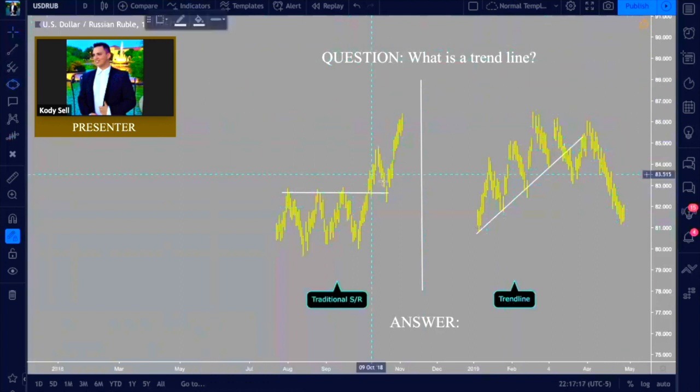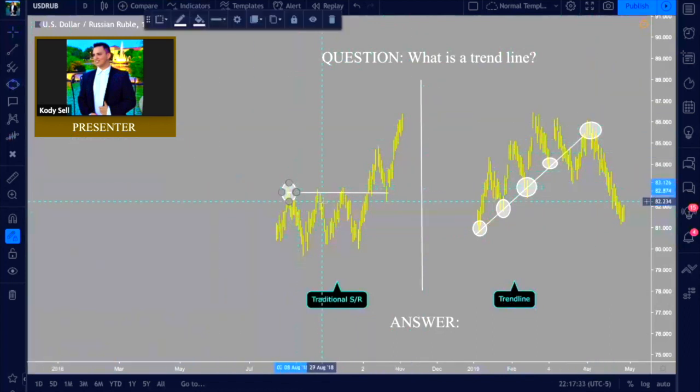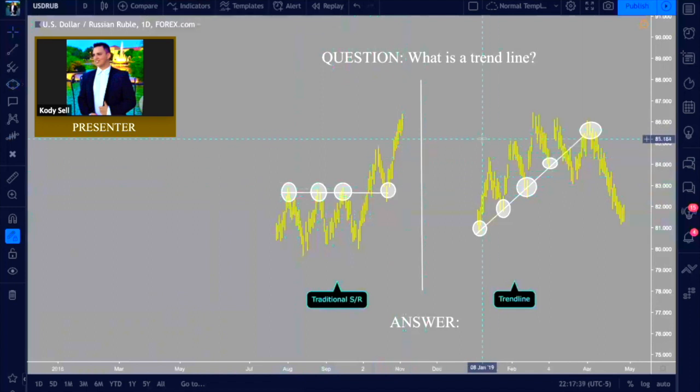As you can see, they act as support when price is above them, and then they act as resistance once they are broken. Same way that our horizontal level acts with price, acting as resistance and then becoming support. And of course this works in both ways.